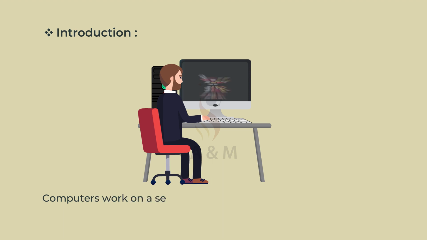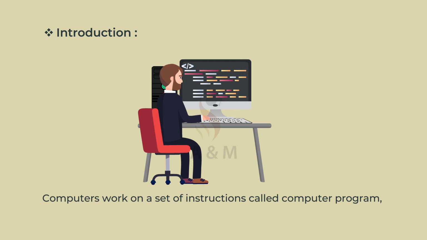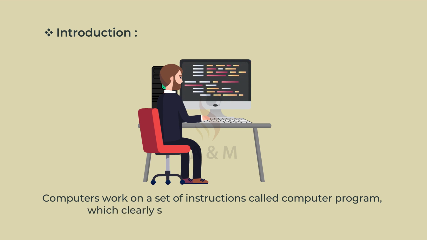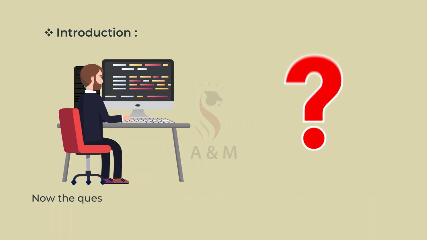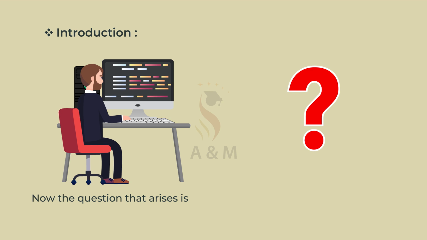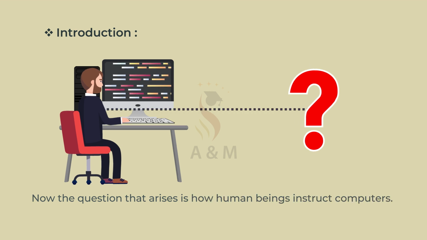Computers work on a set of instructions called a computer program, which clearly specifies the ways to carry out a task. Now, the question that arises is how human beings instruct computers.